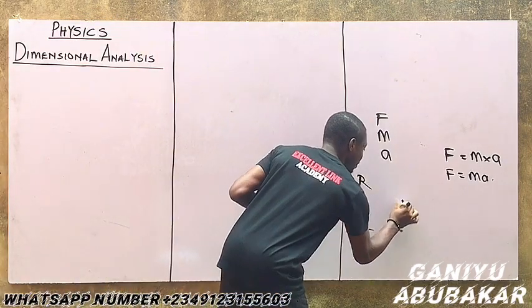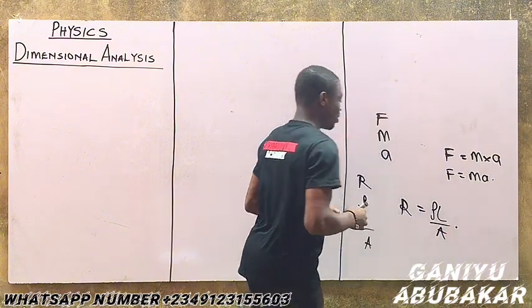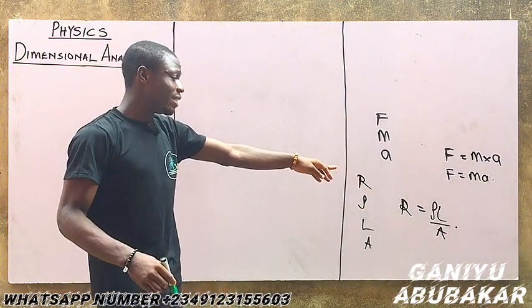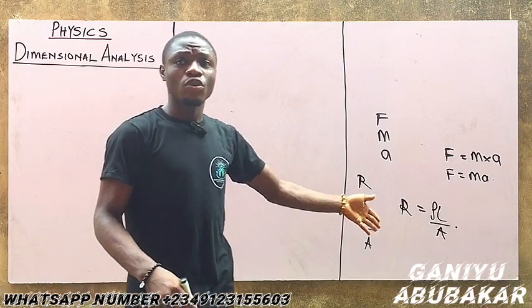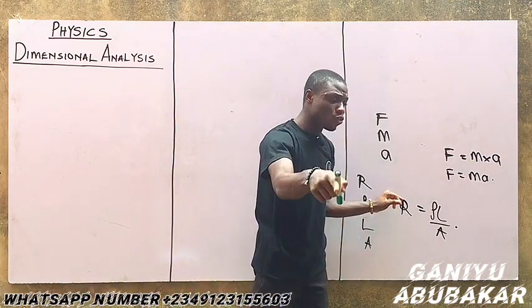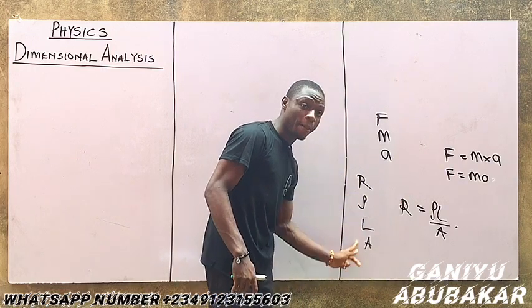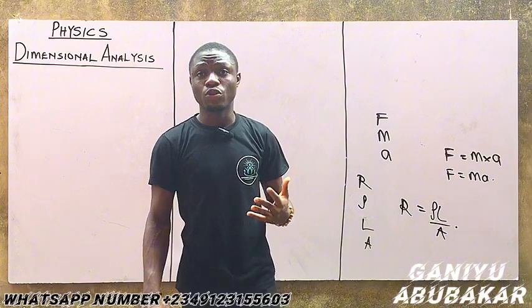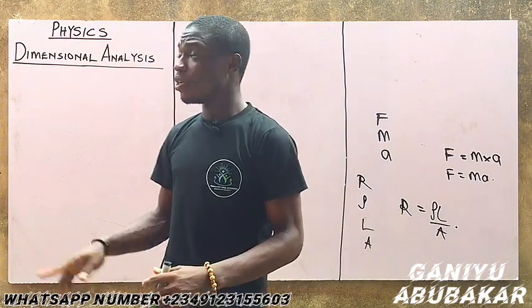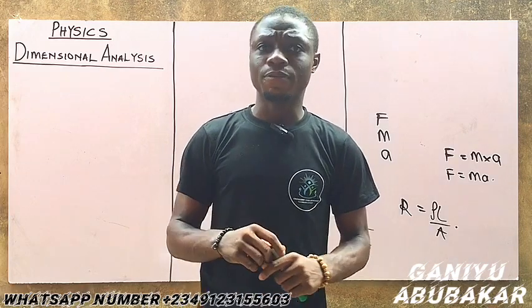R is equal to rho L over A. So let's say I don't know that this is the relationship. Is there any method of knowing the relationship if I'm given all these four parameters? Of course, yes, there's a method, which is what? Dimensional analysis.